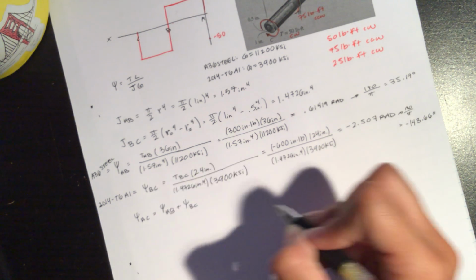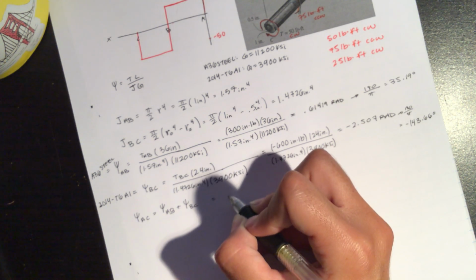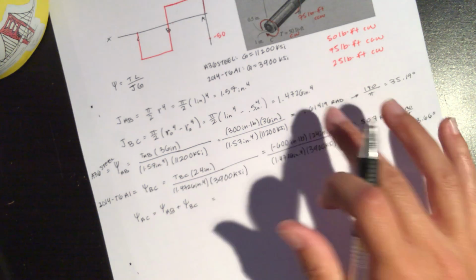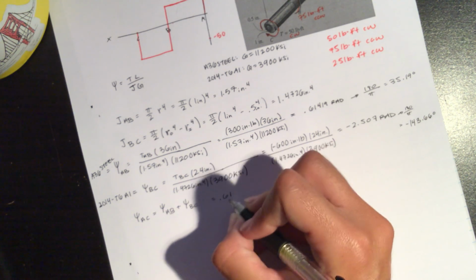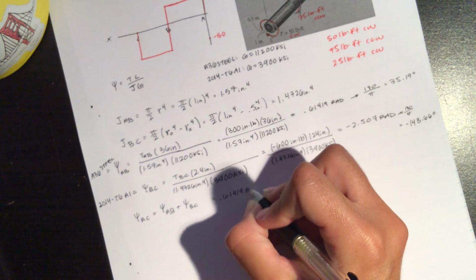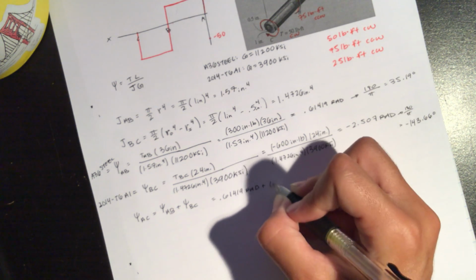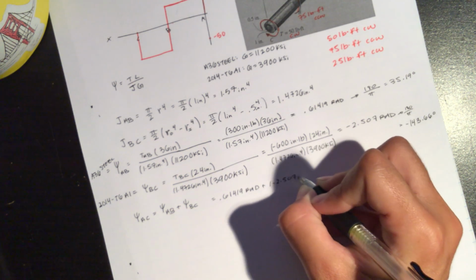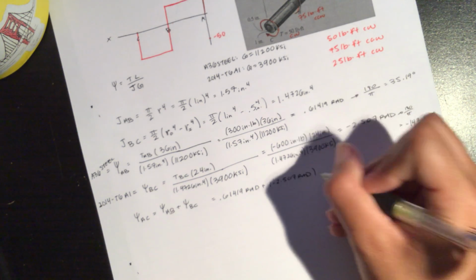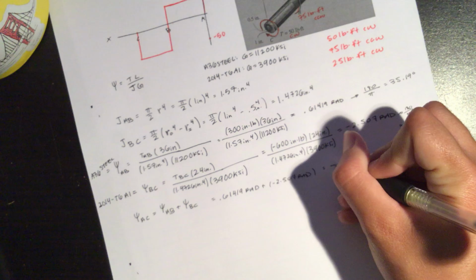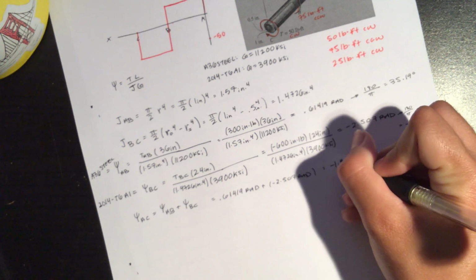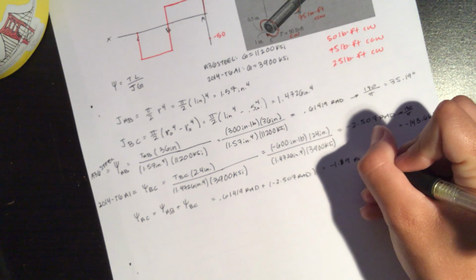to the twist angle of BC. And we can either do that with the radians or the degrees. So let's go radians first. So 0.61419 radian plus negative 2.507 radians gives us negative 1.89 radians.